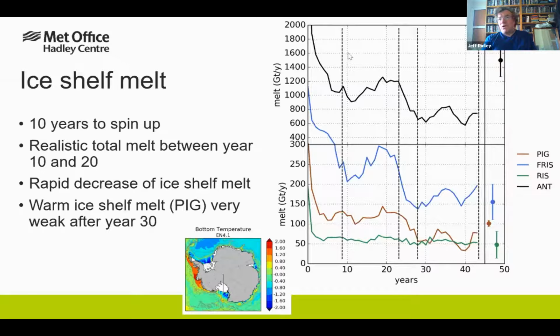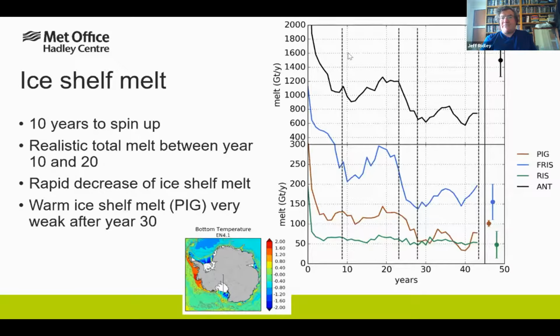The dotted lines at the right are what the observations indicate should be the right value for the ice shelf melt. And so we spin down to a total value at the top which is too low.